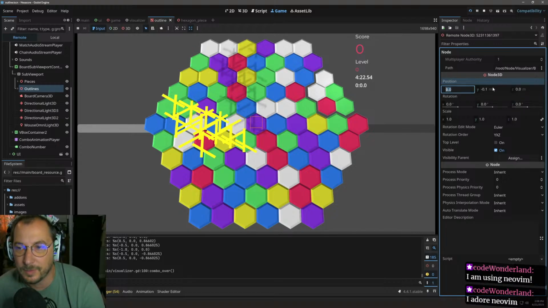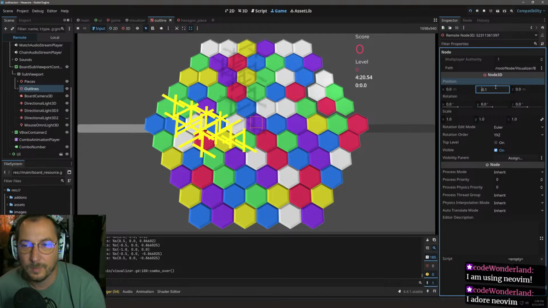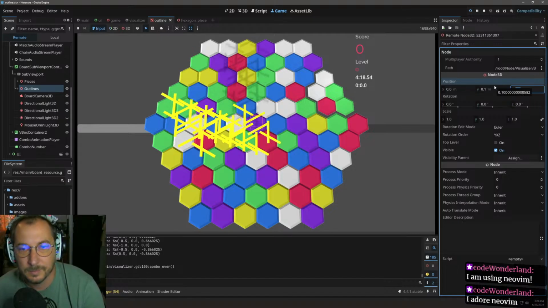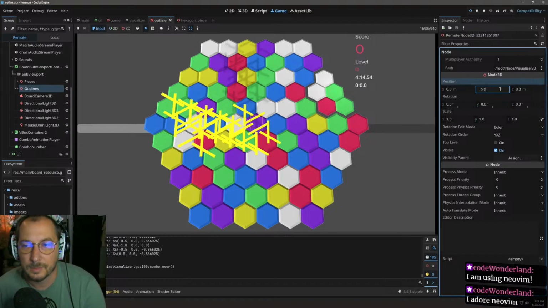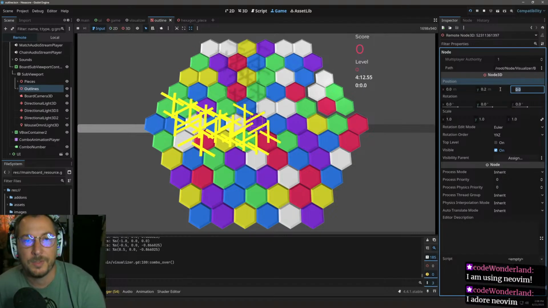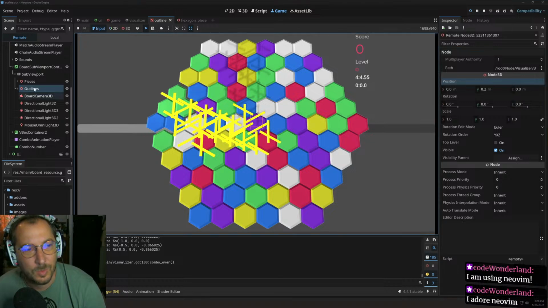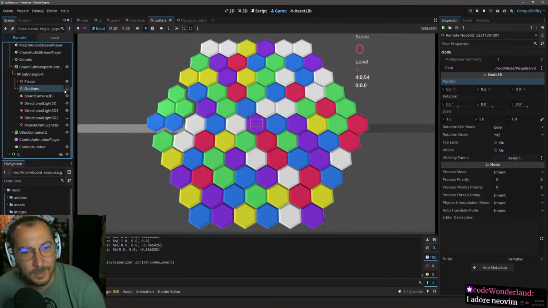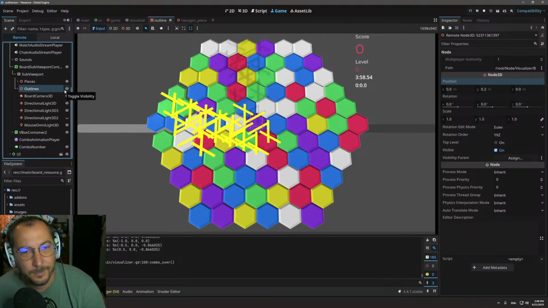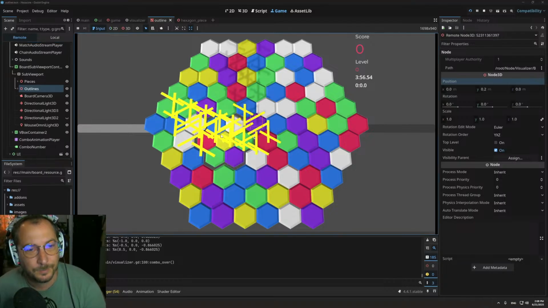I'm now confused here. Why are we not seeing all of them? Oh, those are the shadows? Wait a minute. Why are the shadows here? Why are the shadows totally different? You guys seeing that? What is that about?